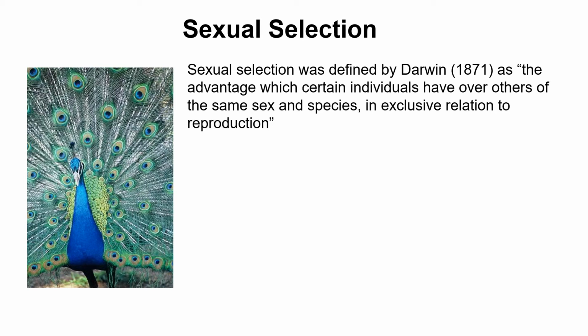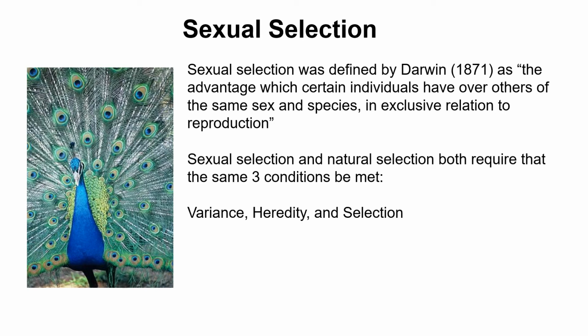It's something that signals to a peahen, a female, that even though he's got this giant tail, he still is able to survive and resist parasites and survive predators. So because he's strong enough to survive, then his offspring will be strong enough to survive as well. There's more that goes into it than that, but that's the basics of it.